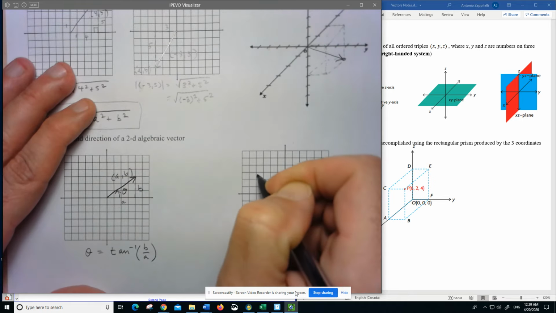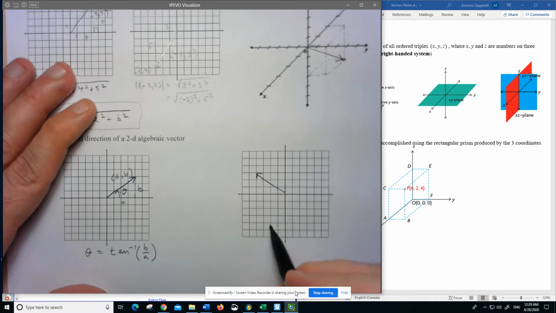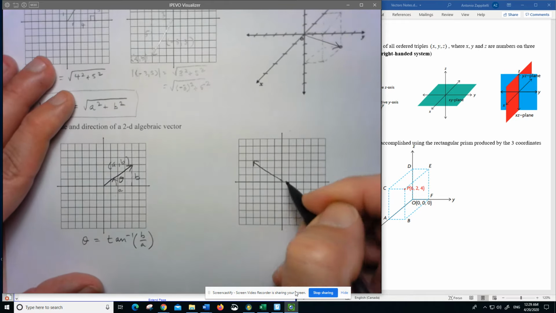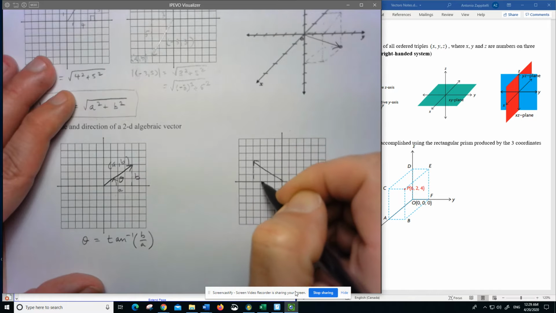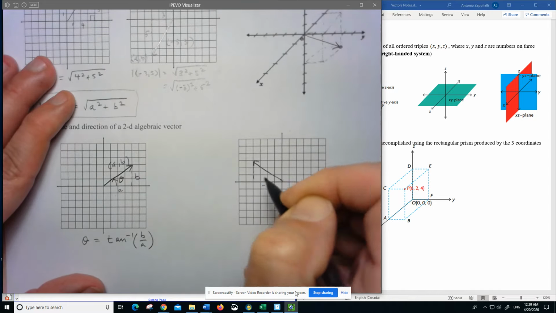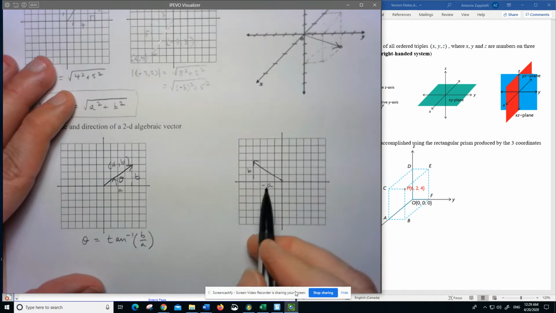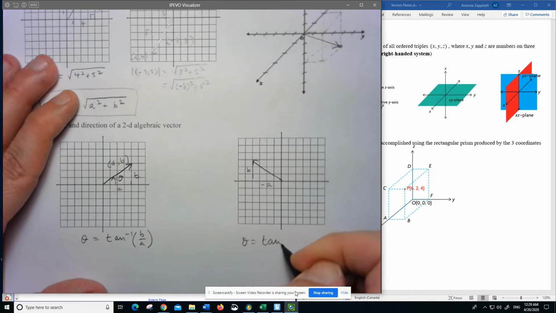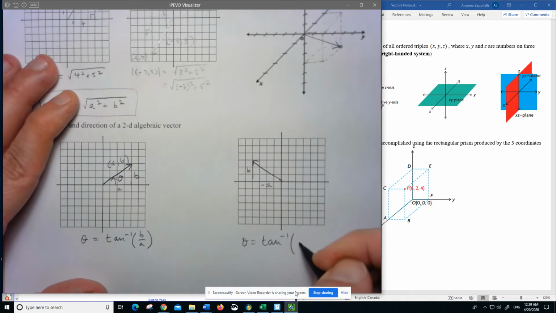that's in the second quadrant, or third quadrant, or fourth quadrant? Well, this is where I'm still going to work. In this case here, I have negative a and b. I'll just represent this as being a negative number, that when I take theta equals tan inverse of b over negative a.